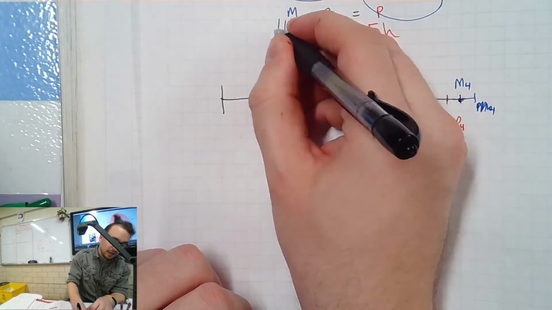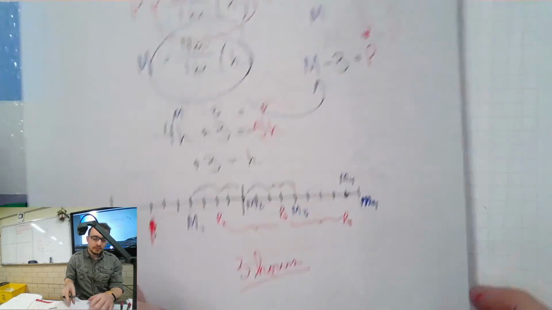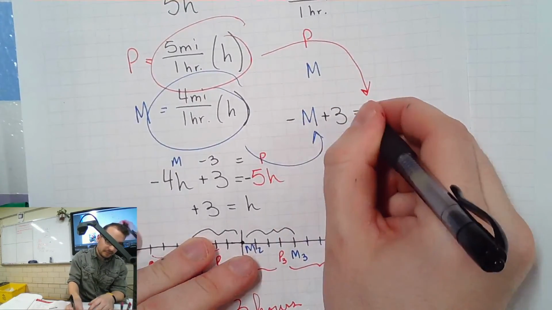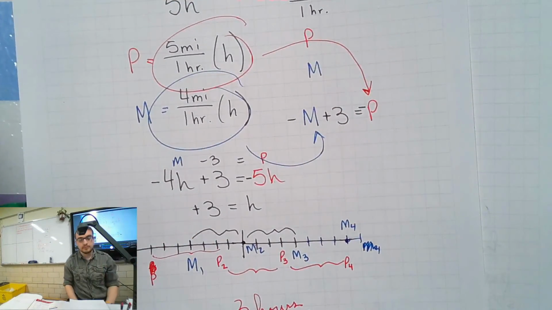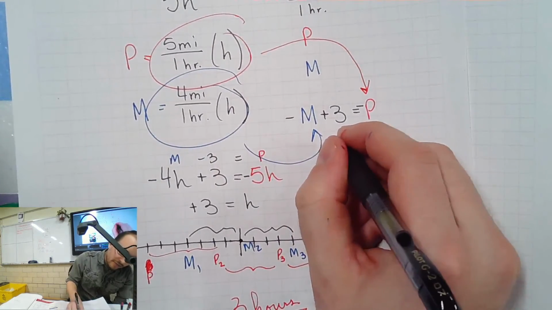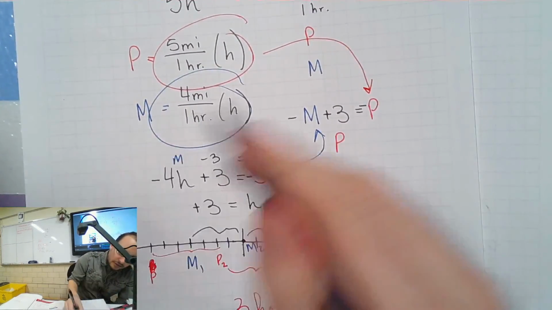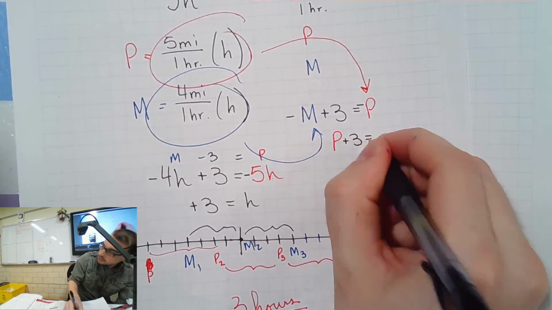If I made this a plus and changed that, that means I did this. If I rearrange this equation, P plus 3 equals M. We do?